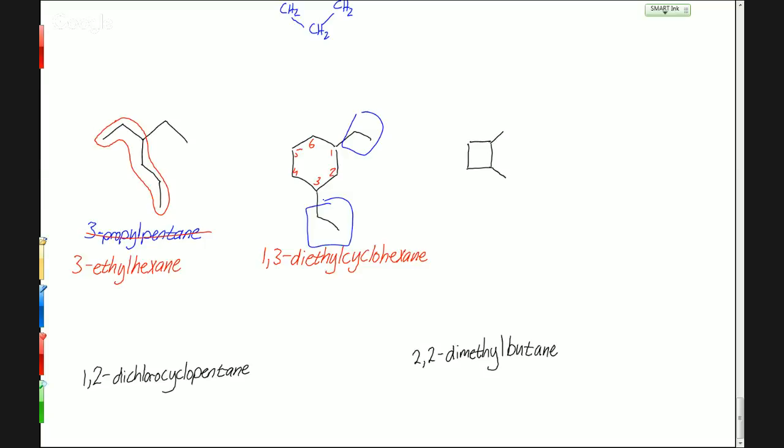Okay. And so what does that make this next one? 1,2-dimethylcyclobutane.